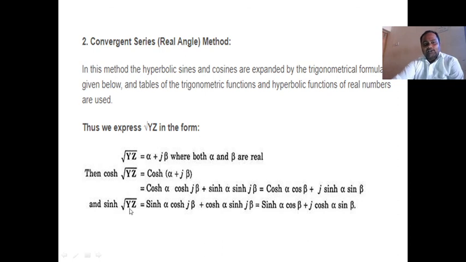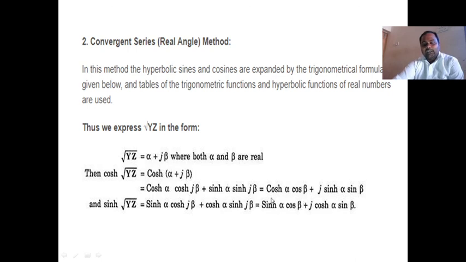What about sinh root yz? We know sin a plus b is sin a cos b plus cos a sin b. So similarly we get sinh alpha cos beta plus j cosh alpha sin beta.